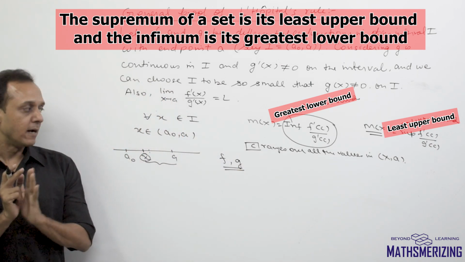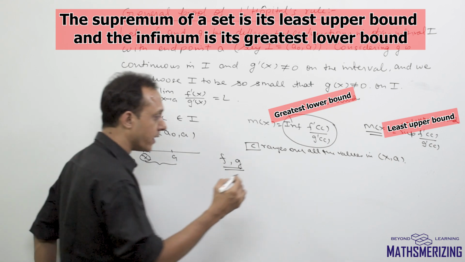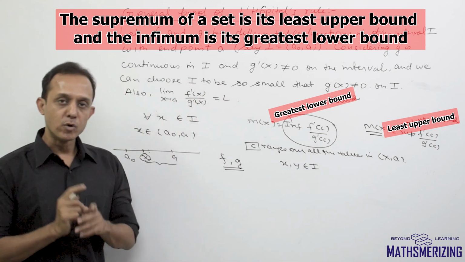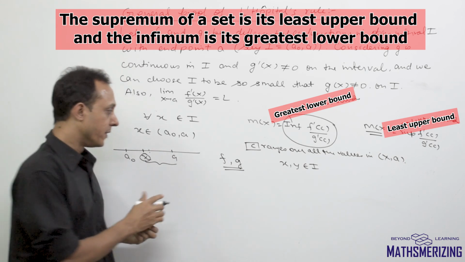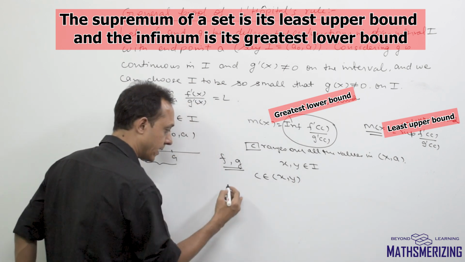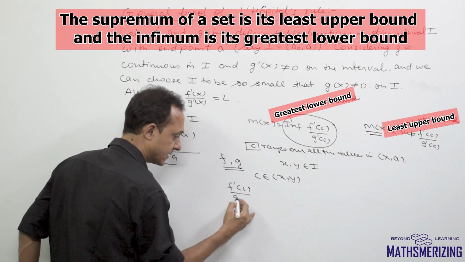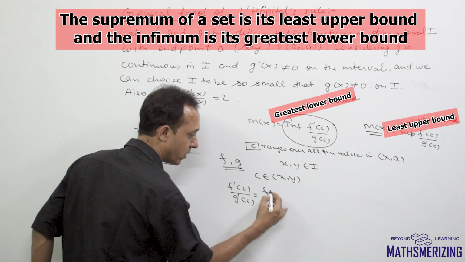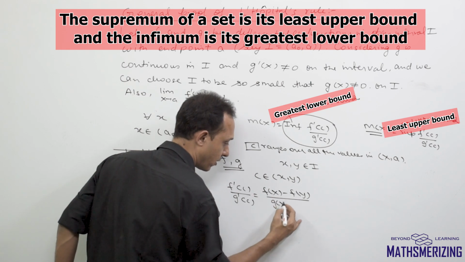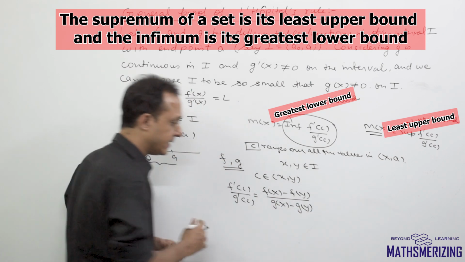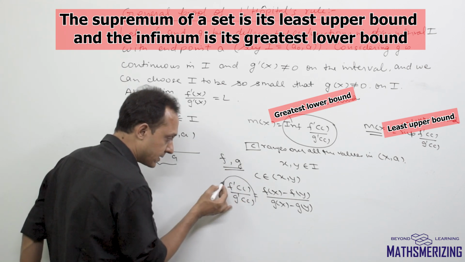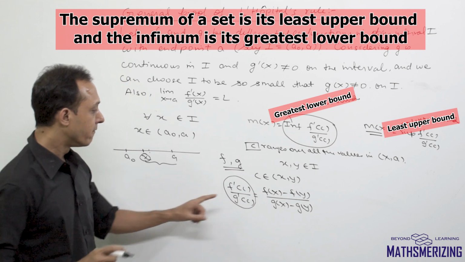Now if f and g are differentiable functions, and if we choose 2 points x and y in this interval I, then Cauchy's mean value theorem says that there exists a point c in this interval x comma y, so that f dash c upon g dash c is equal to fx minus fy upon gx minus gy.